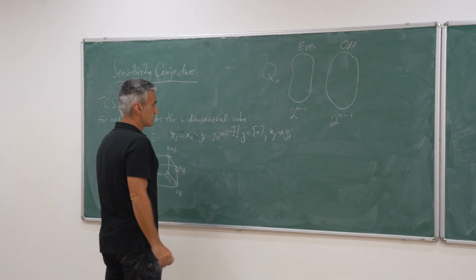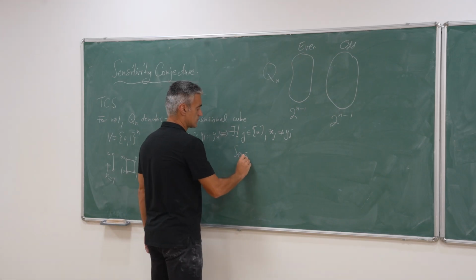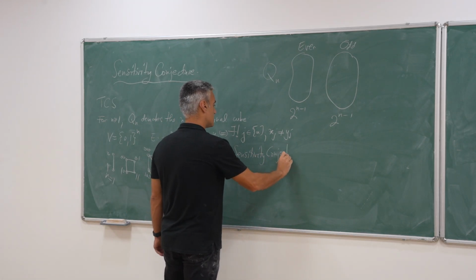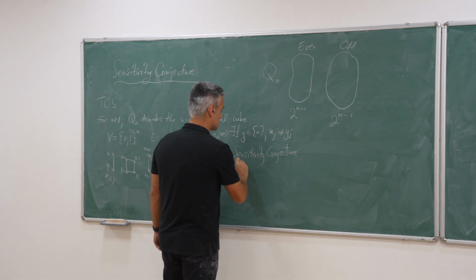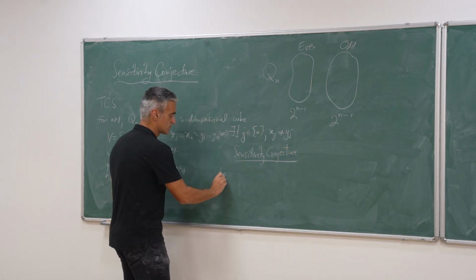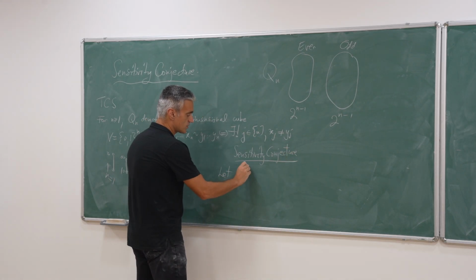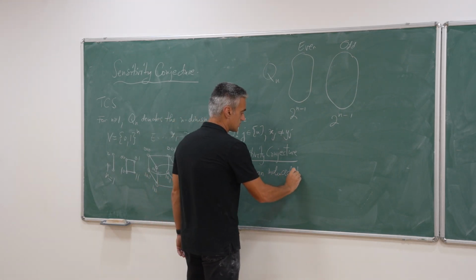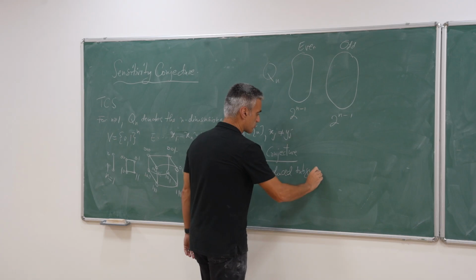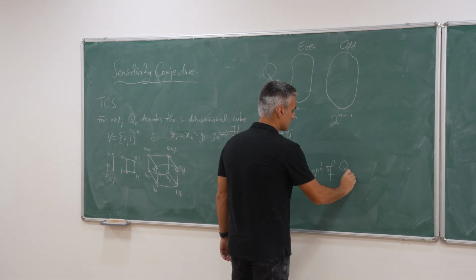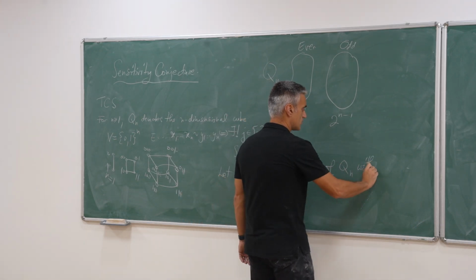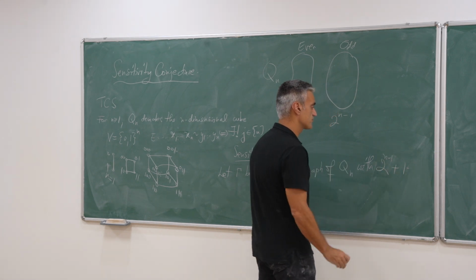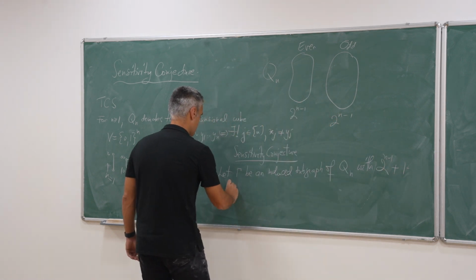So this problem, the sensitivity conjecture, is the following. Let gamma be an induced subgraph of Qn with more than half of the vertices, 2^(n-1) + 1 vertices.